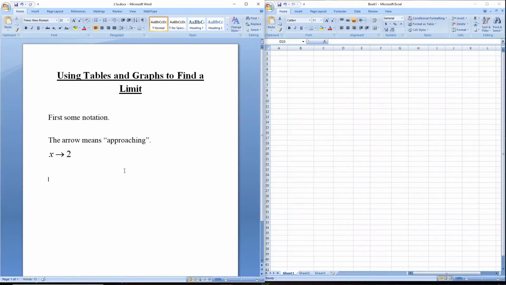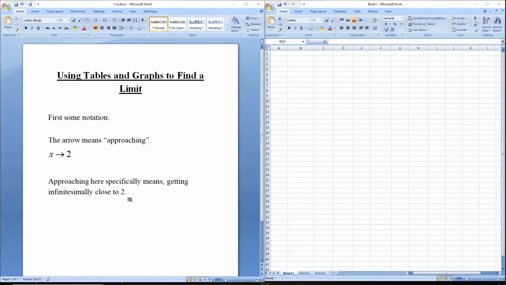How we approach 2 has to be done in a way such that we get infinitesimally close. And so here's where the infinitesimal comes in. X has to be chosen so that it gets closer and closer and closer to 2, forever closer to 2.